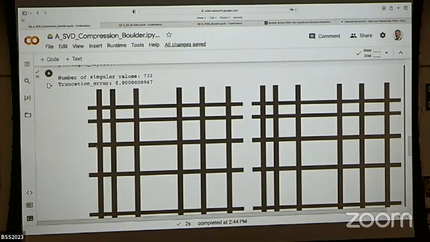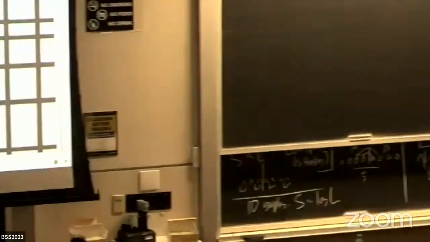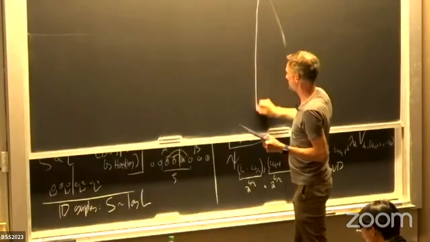In other words, it means that ground states of local Hamiltonians are in a way very close to being a product state. Right? So instead of taking only one Schmidt value to represent it, you need a handful, but not exponentially many as you would need for a generic state.